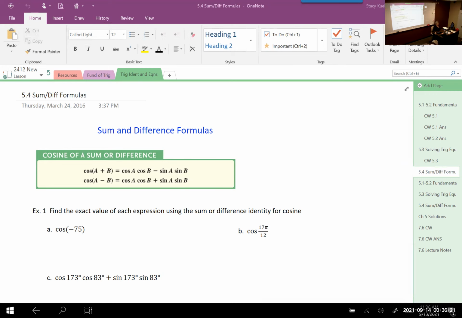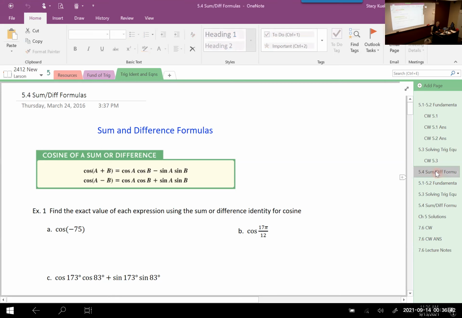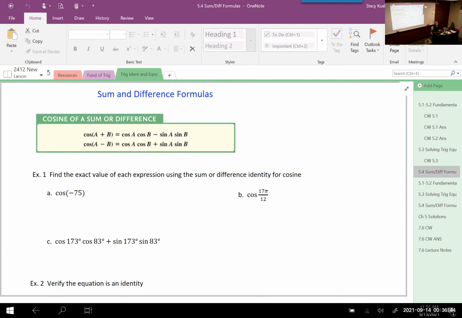So if you have a list of identities that you have written down, get that list out and add this to it, okay? Because we're gonna talk about the sum and difference identities for cosine, sine, and tangent. And I've separated them out here, because I'm gonna deal with them individually.